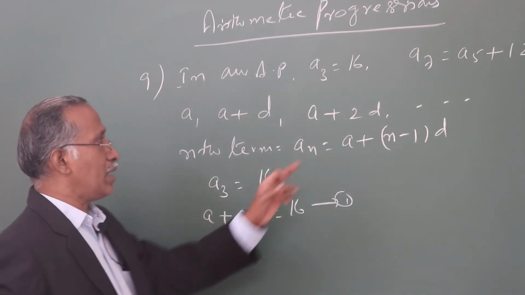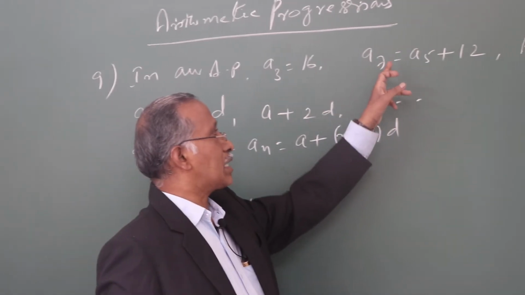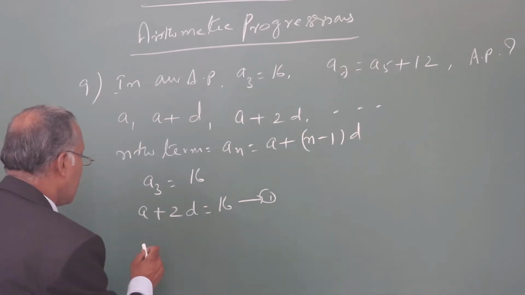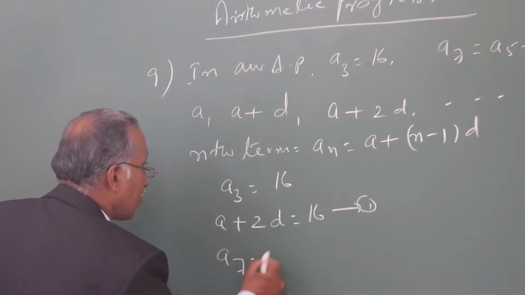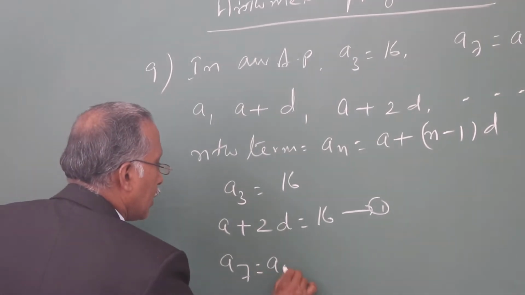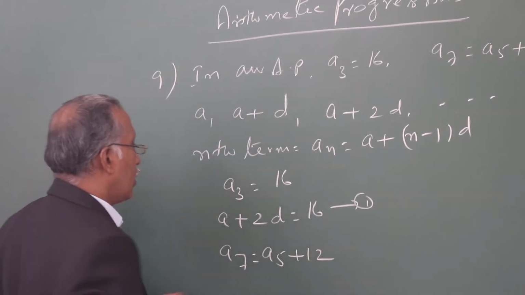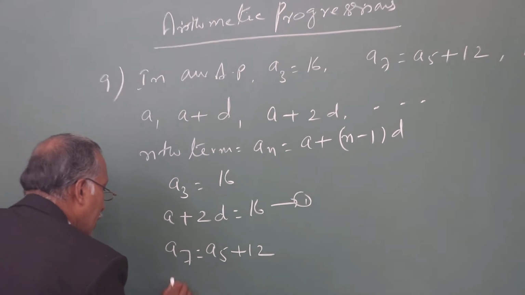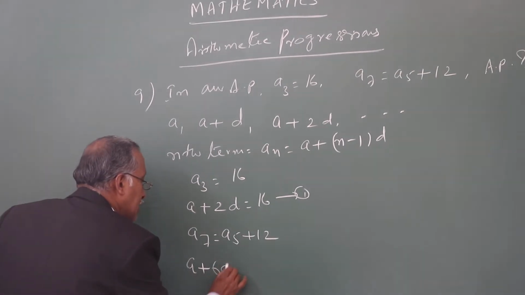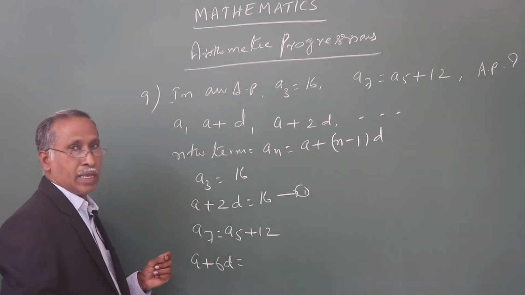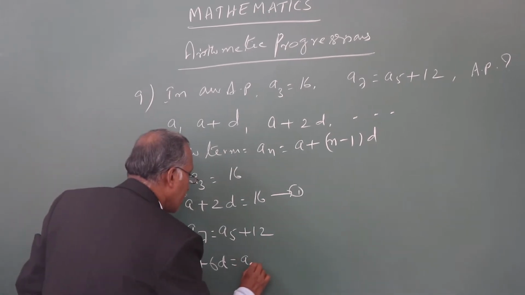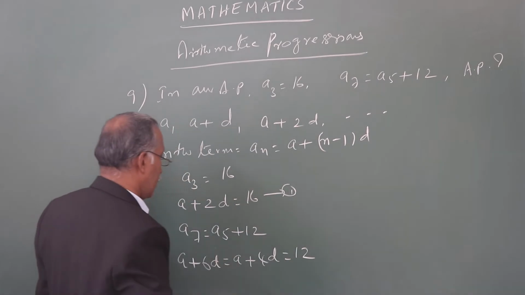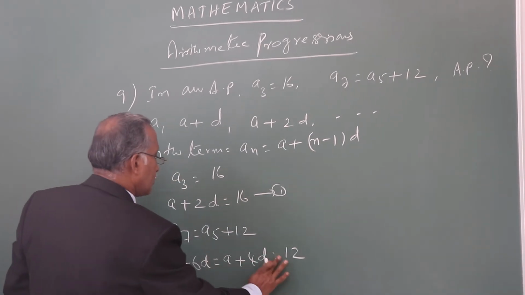In the same way, the seventh term exceeds the fifth term by 12. Then A7 equals A5 plus 12. Accordingly, by using the nth term formula, A7 can be written as A plus 6D, and A5 can be written as A plus 4D, plus 12.